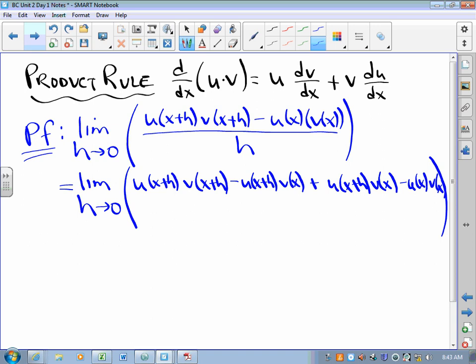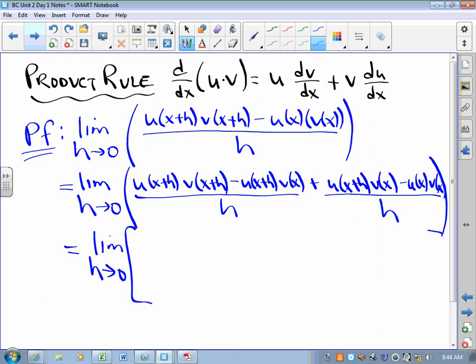Now I'm going to divide by h, but I'm going to divide by h in 2 pieces. I'm going to divide by h, that's the whole thing divided by h, but I broke it up so I could deal with things. So what does that mean? On the left, what factors out of the top? u of x plus h.